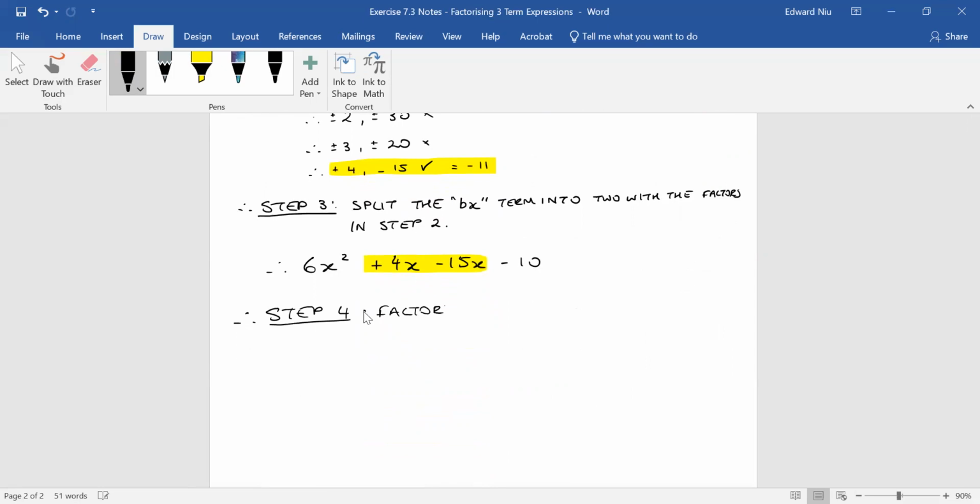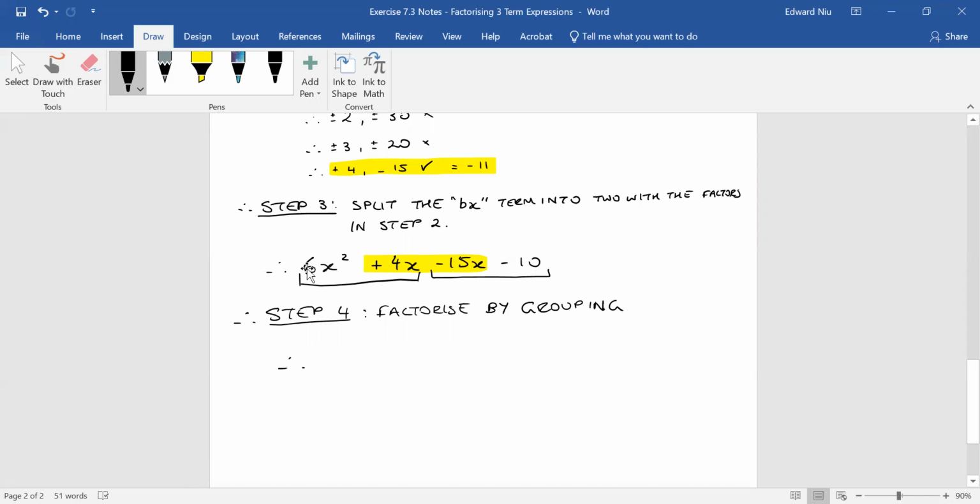Factorize by grouping. What that means is we factorize the highest common factor out of the first two terms. So therefore we would have, if we were to take a look at 6x squared plus 4x and then negative 15x take 10, the first pair that's grouped together is 6x squared plus 4x.